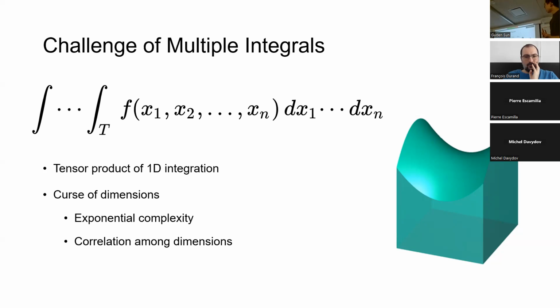If you compute a numerical integral in one direction, you will need to compute the tensor product in higher dimension. Then you will face the curse of dimension. You get exponential complexity. In particular, if there is correlation among dimensions, it will be more challenging.